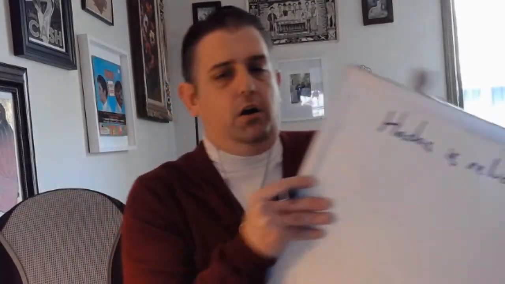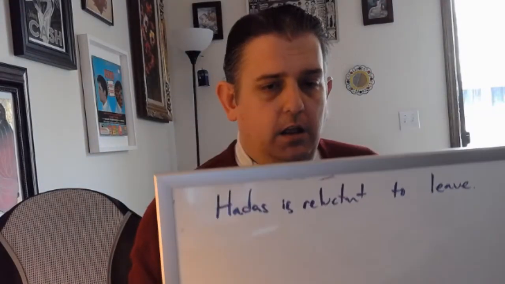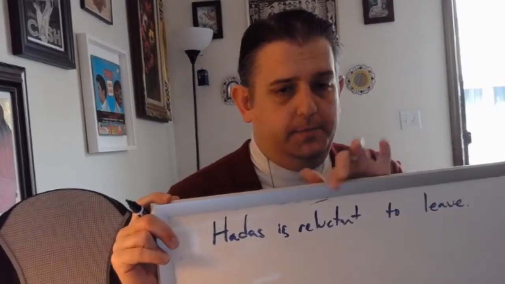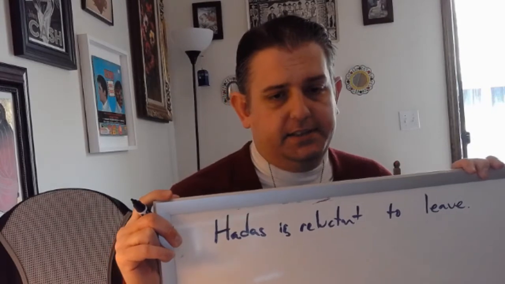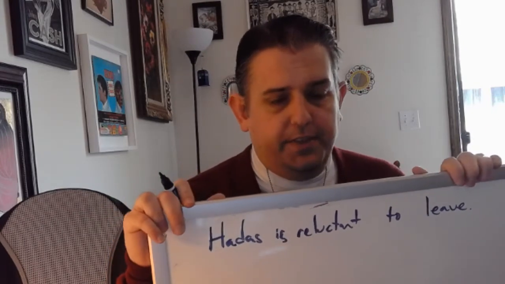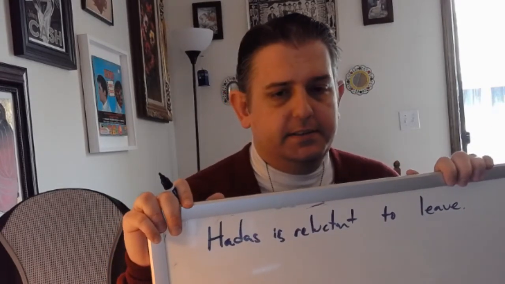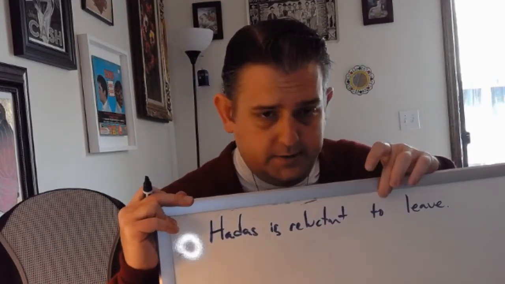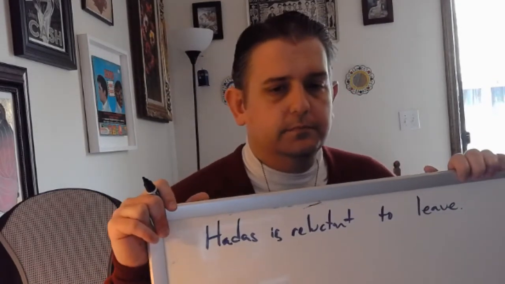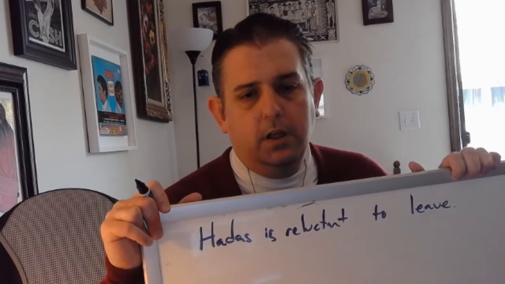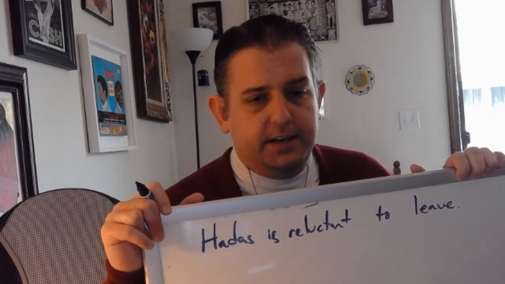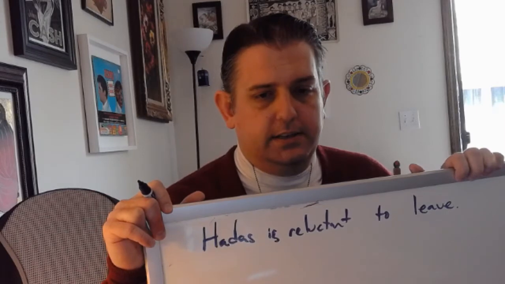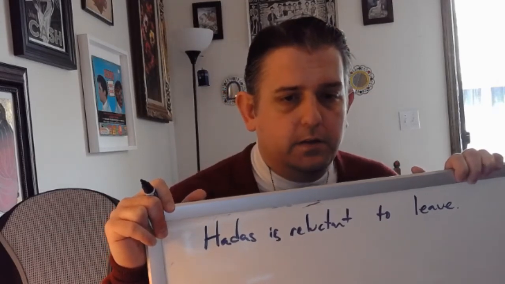But we're still going to need to add something to our understanding of syntax to be able to analyze these sentences. We can notice that, again, we have a non-finite embedded clause here. I can't say, for instance, Hadass is reluctant Hadass to leave.